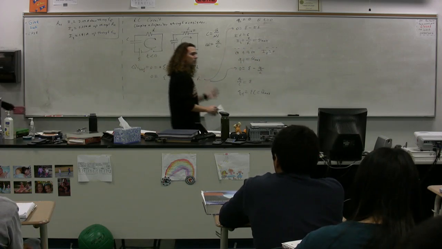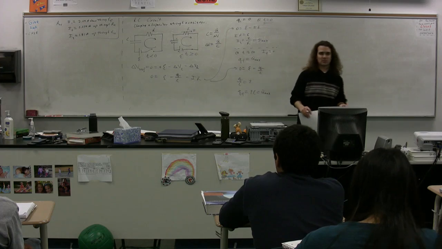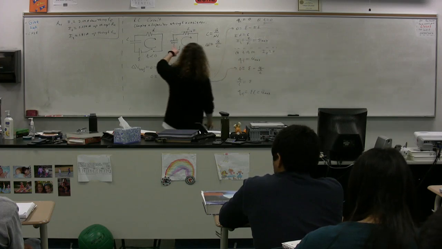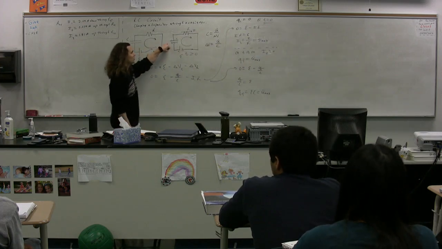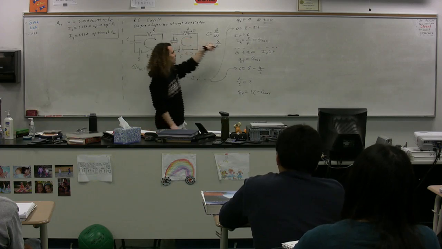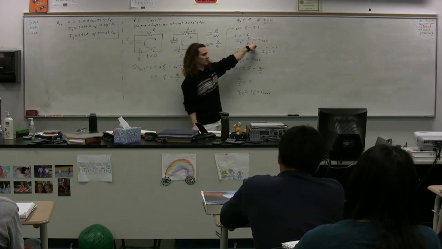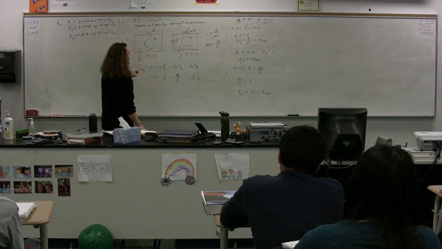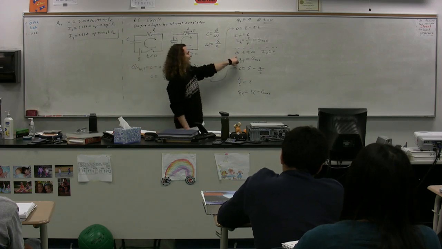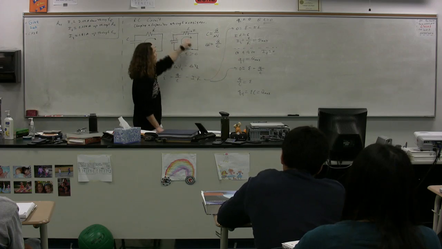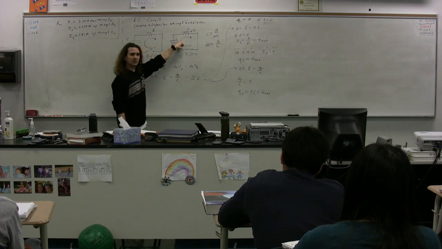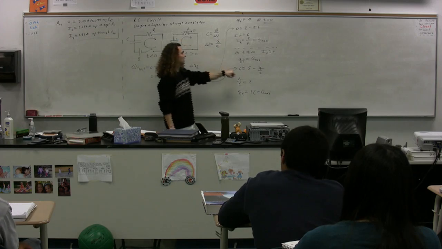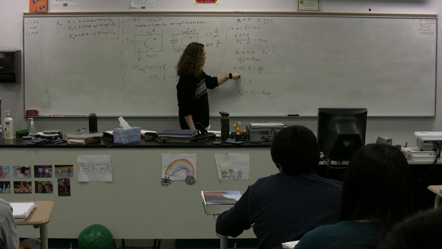So again, where we started here is with the limits. We know initially the capacitor starts out with 0 charge, therefore the current is at a maximum. We figured out its value, it's the EMF divided by the resistance. We also have, at time t equals infinity, after a really long time, there's no more current flowing because the capacitor is fully charged, and therefore the current final is 0, and the charge final is a maximum.